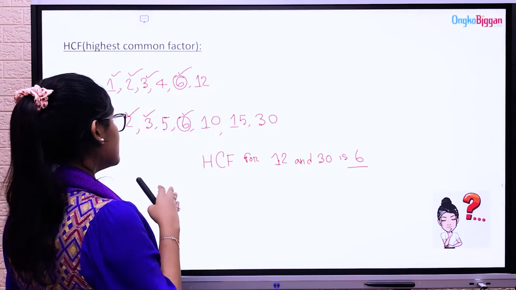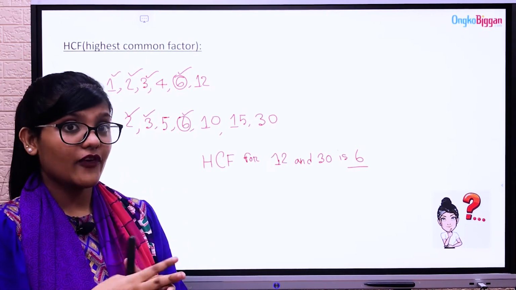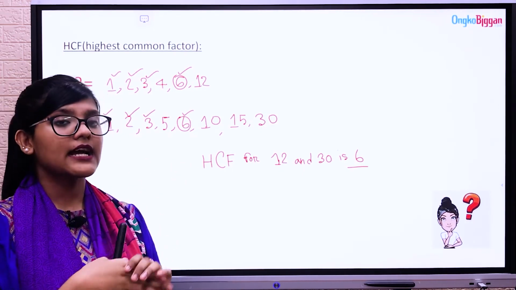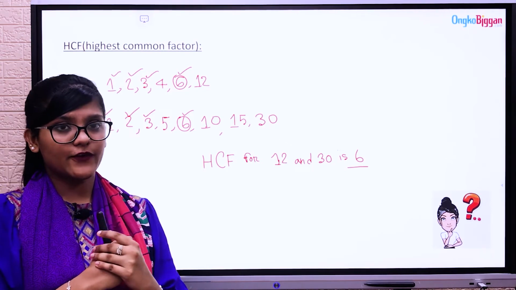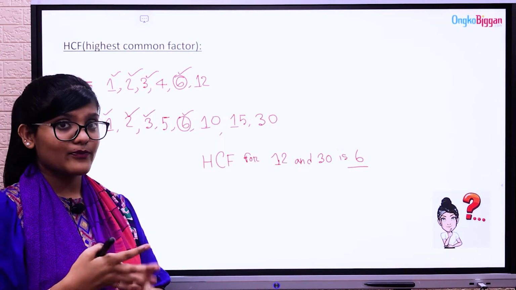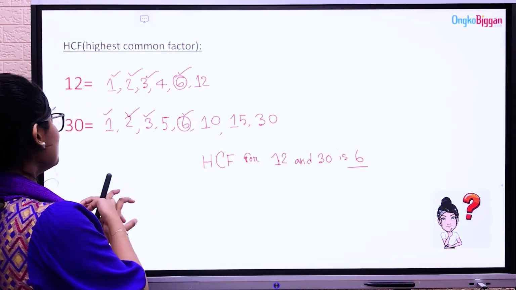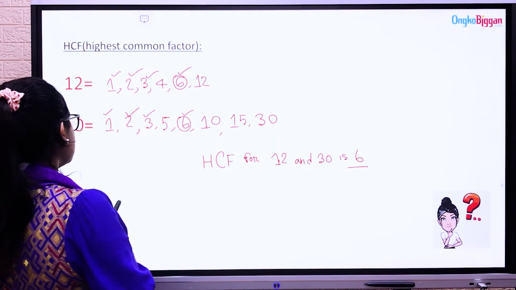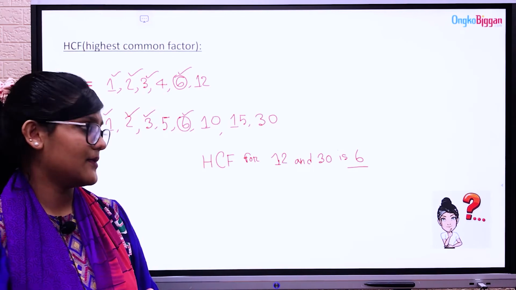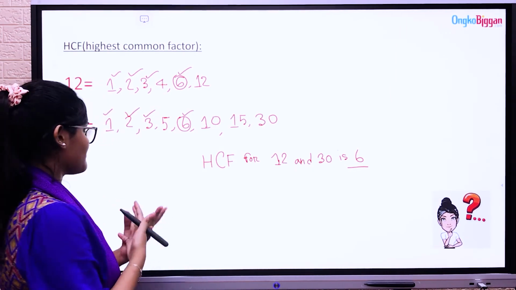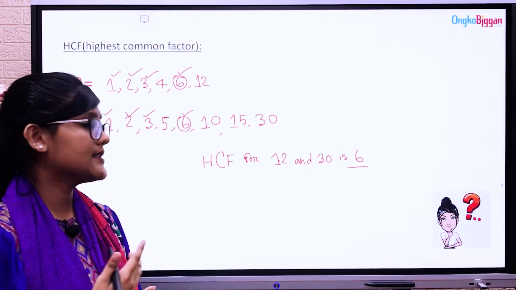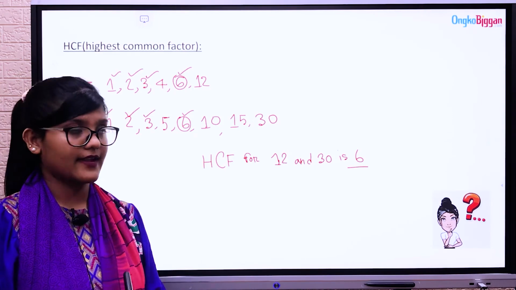Basically it's more useful for understanding, like now you have understood how this is happening, but during our exam we should follow either the division method or the prime factor division method for determining HCF. This process, in which we find all the possible factors, is impractical if you are given a very large number, like a number above 3 digits, because it's quite impossible to write all the factors.